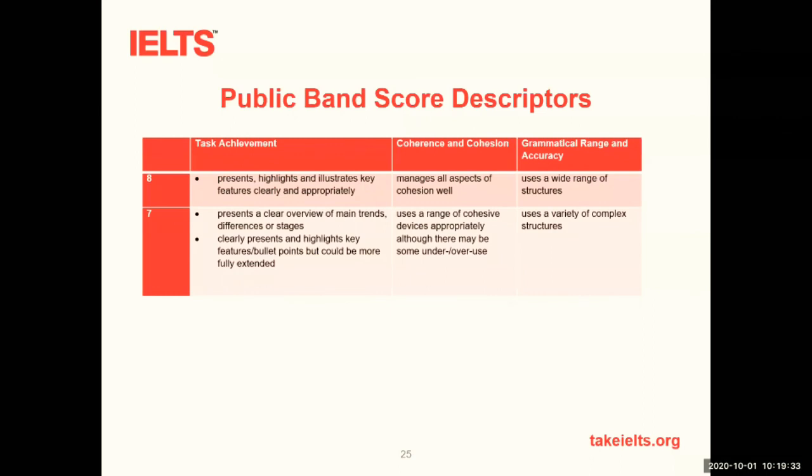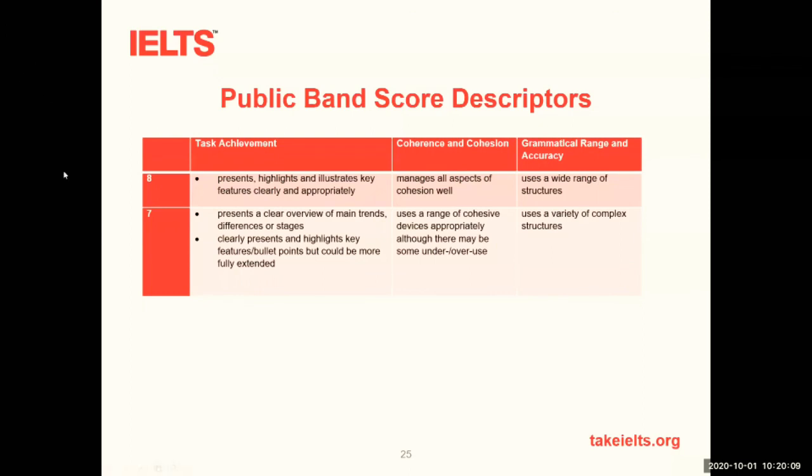So that's the good thing about using a nice variety and twisting a little bit by bringing in that before and changing the order. And the task achievement really refers particularly here to the fact that we've written a clear introduction with a clearer overview of the stages, but also that we've said there are 9 stages, and we've presented and highlighted and illustrated those 9 features, those 9 steps clearly and appropriately.